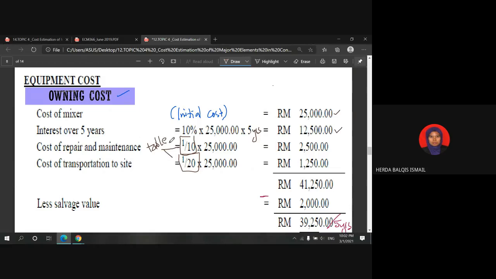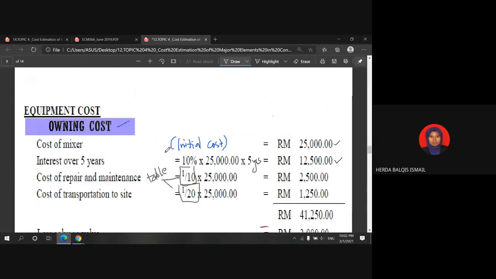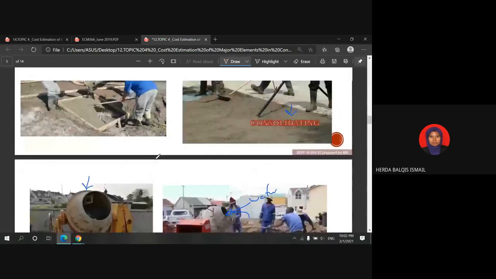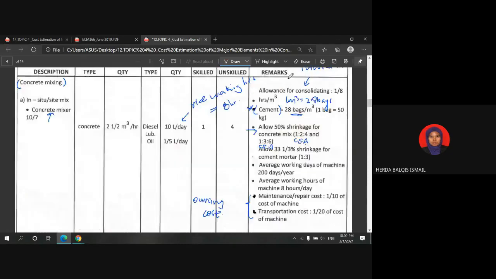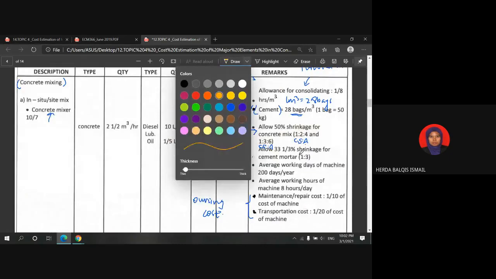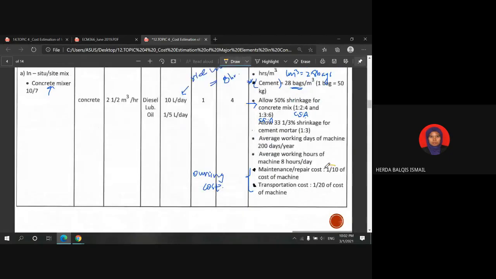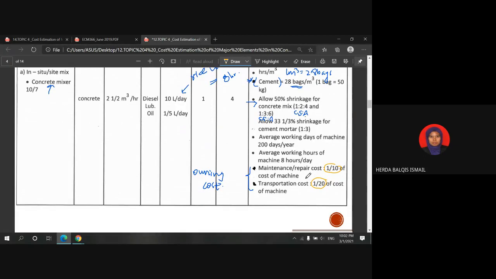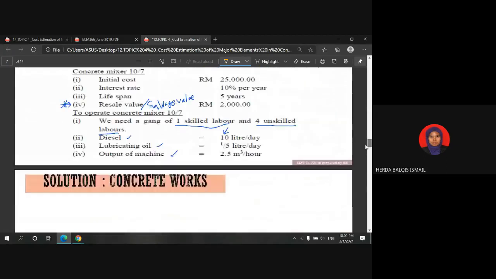You can see here in the table, the maintenance cost is 1 over 10 of the cost of the machine, and the transportation cost is 1 over 20 of the cost of the machine. So you need to include this in your calculation.